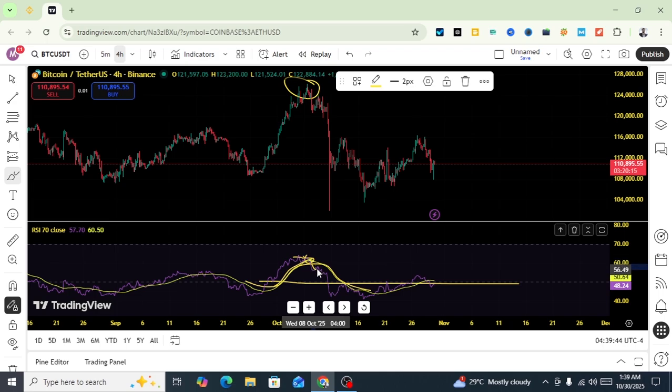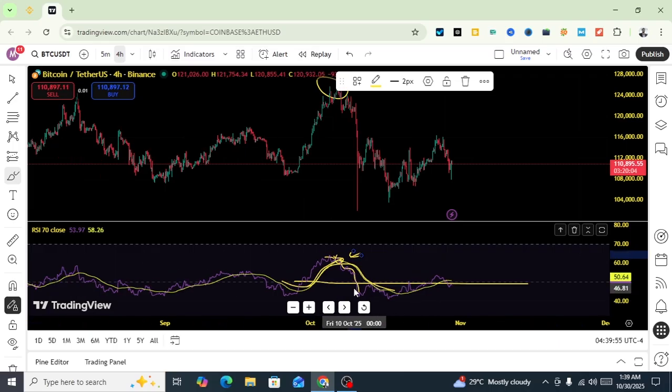The market will go down, because I already said that the market is overbought. So you enter from here and the market will go down to here.